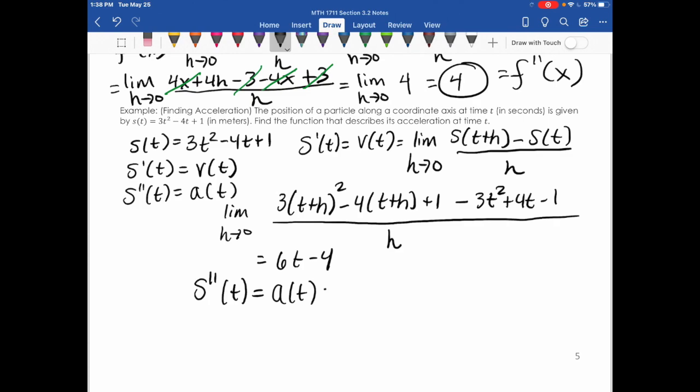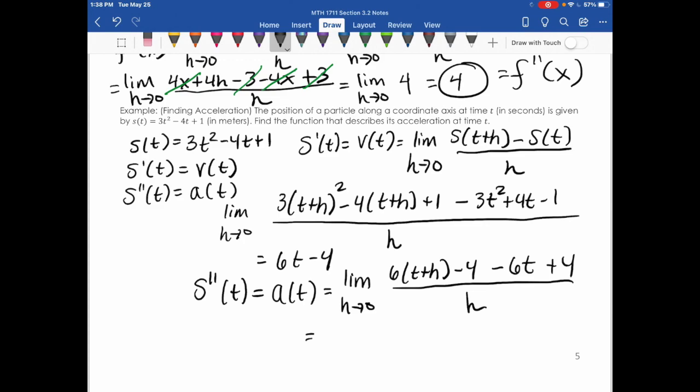Then when we go to find the second derivative, which is the acceleration at a particular time, we're going to take the limit as h goes to 0, and we're going to find the derivative of the derivative. So we're going to plug in t plus h into the function, and then I'm going to subtract the function and divide by h.